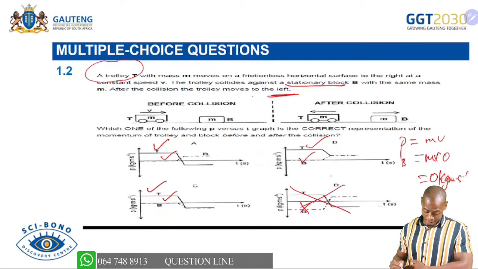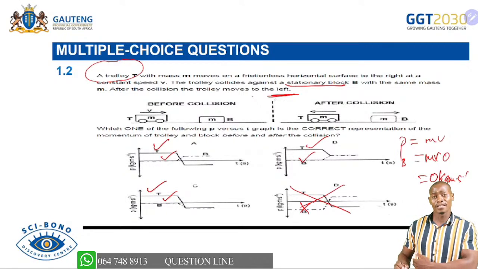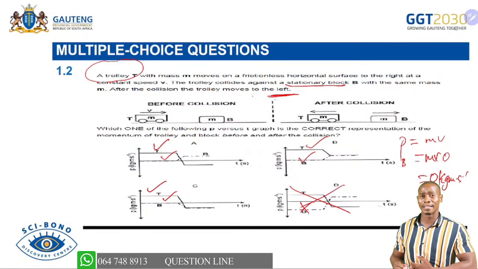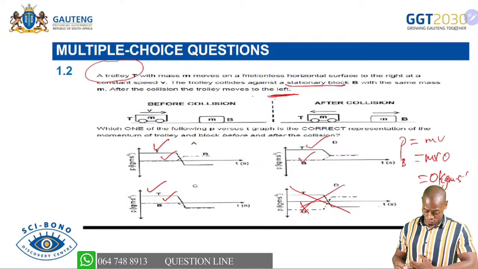Okay. So we are told that after the collision the trolley moves to the left. So since the trolley moves to the left, we are expecting the direction of the final momentum of the trolley to be left. Let's check here.